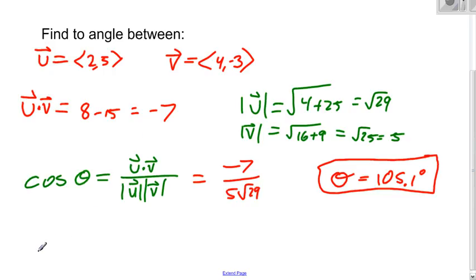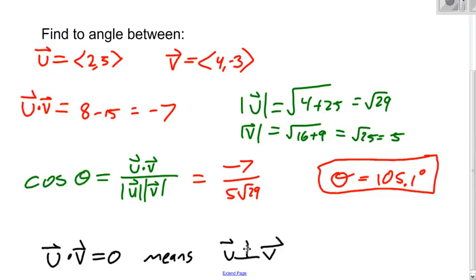So that tells us that if the dot product is 0, that means that the vectors are perpendicular. Another term for perpendicular is orthogonal. You might see that written in some places.